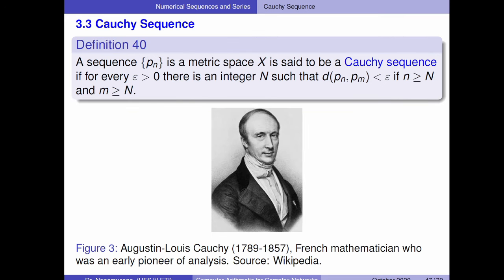This is another important point. This is perhaps one of the most important definitions in mathematical analysis, in my opinion, to study computer arithmetic.